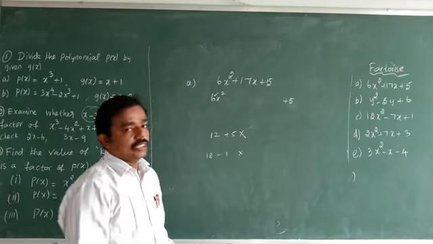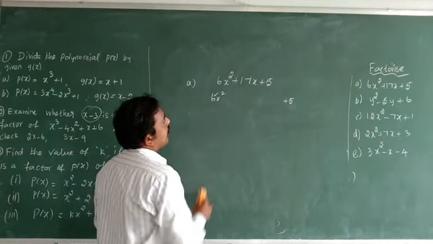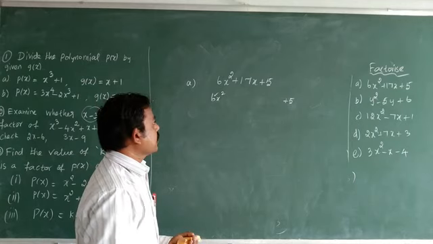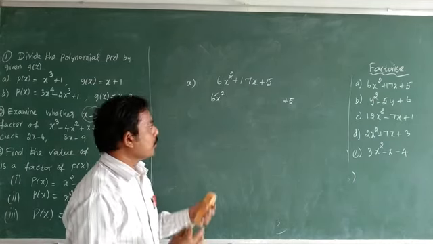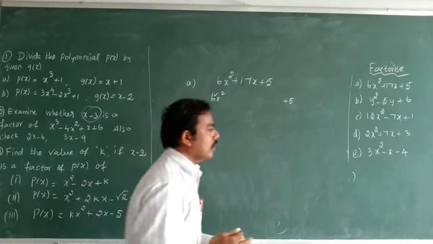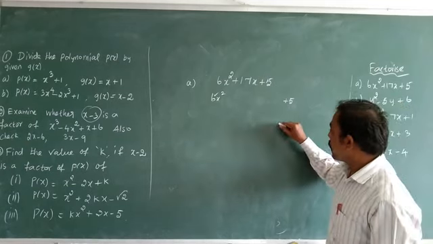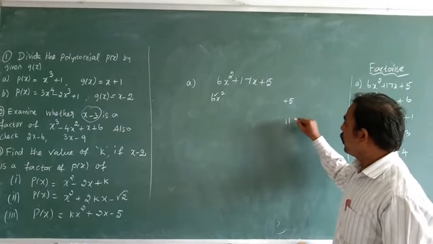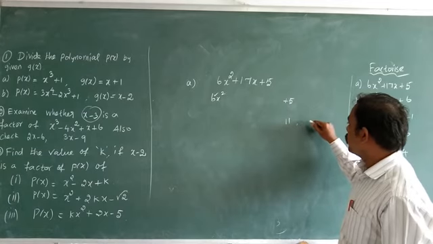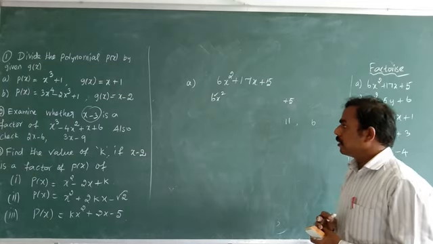What are the possibilities for 6x squared plus 17x plus 5? Suppose I write 17 as 11 plus 6. That is 6 plus 11, not possible.